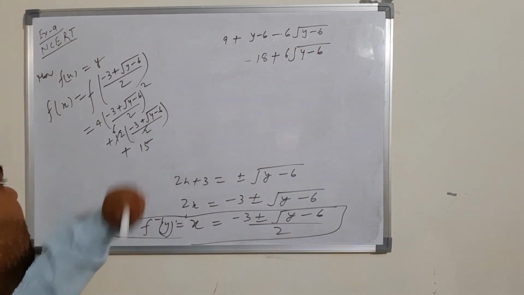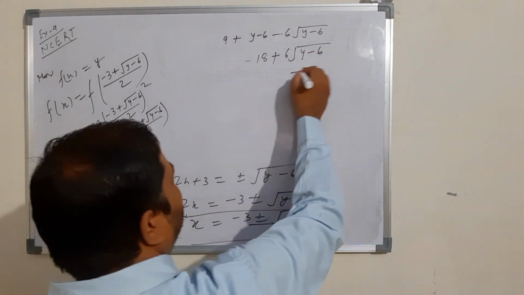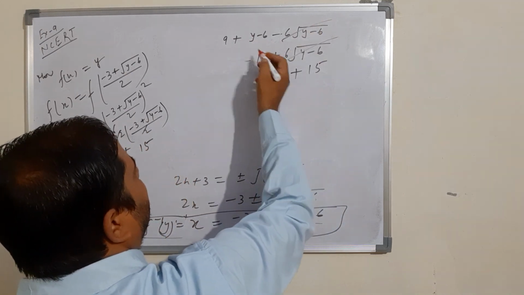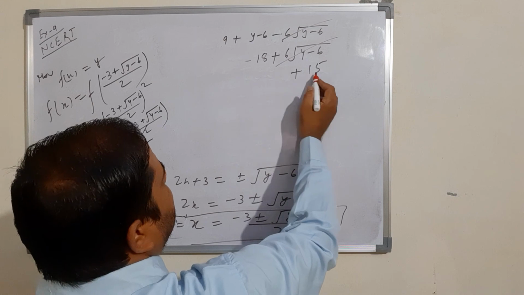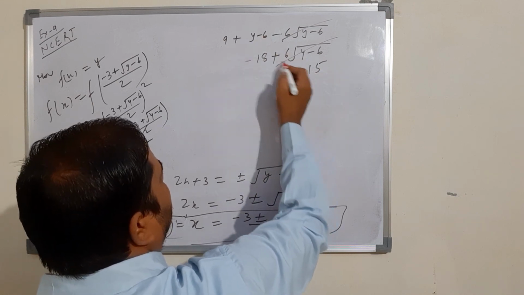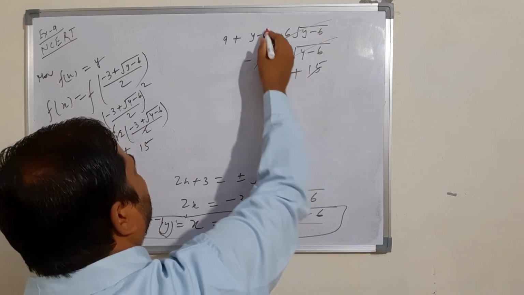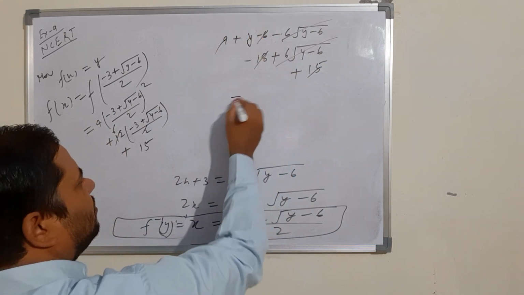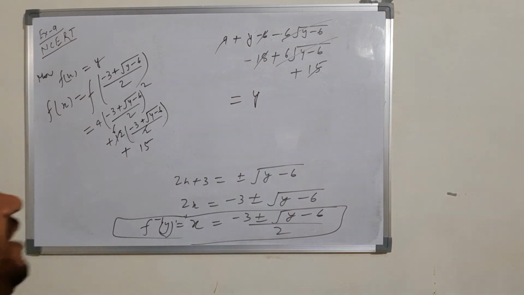Listen carefully. And then plus 15. So this should be cancelled, and 9 plus 6 is 15, 15 plus 3 is 18, and minus 18. So all these things are cancelled. Only y will remain.